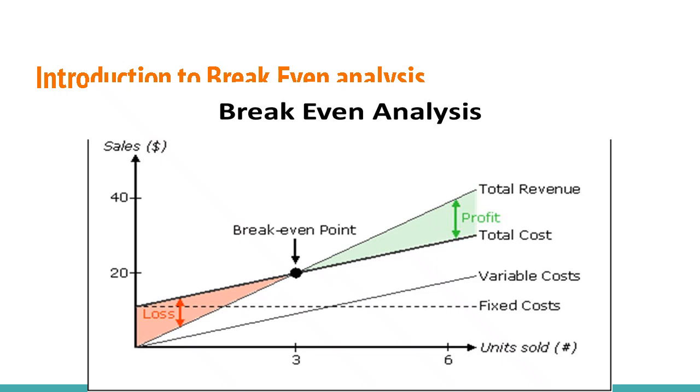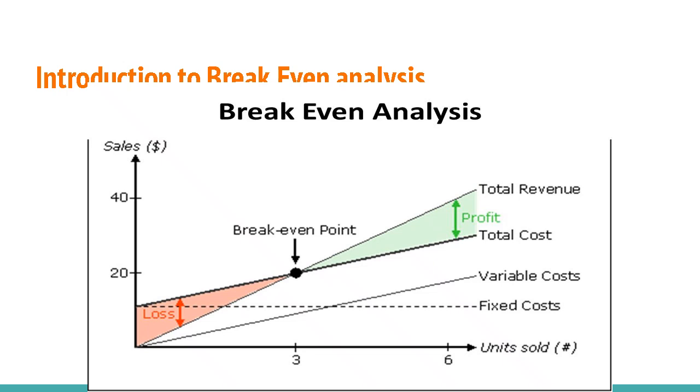Okay, go through the next slide. Break even analysis: the graph shows sales versus units sold. The orange part is losses and the green part is profit. Each point where the lines cross is a break even point.